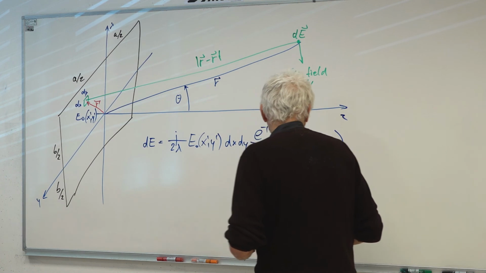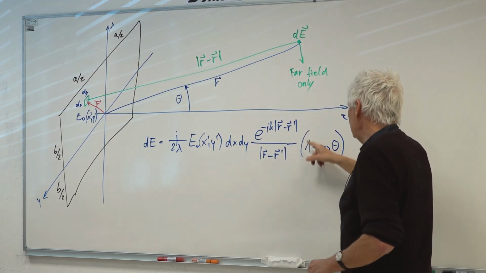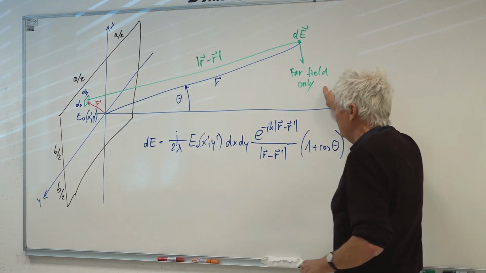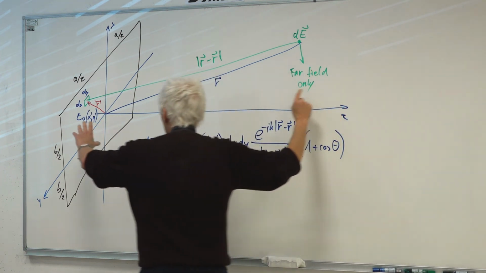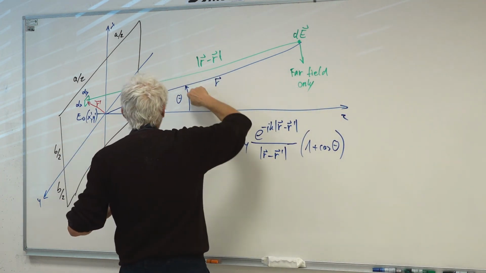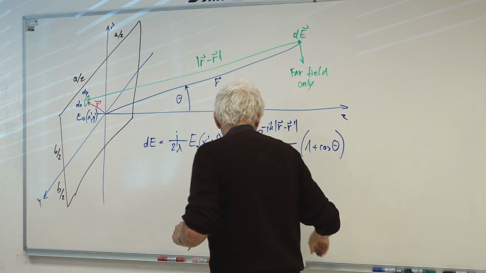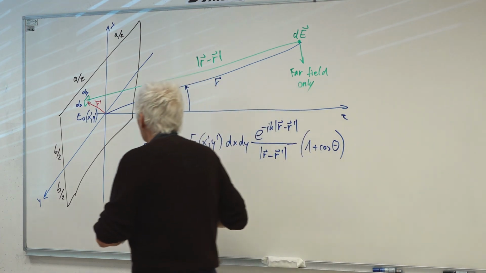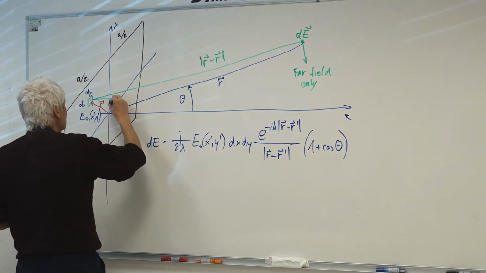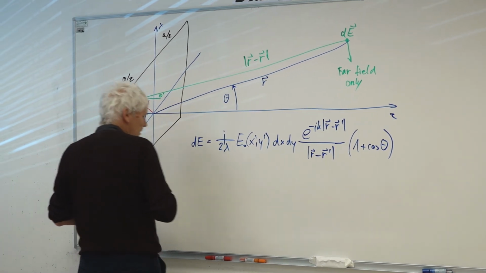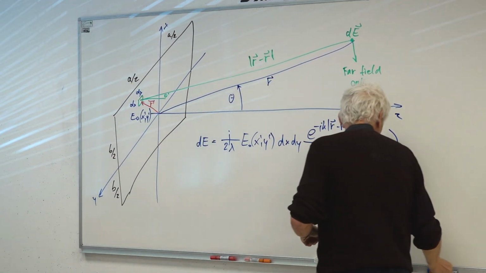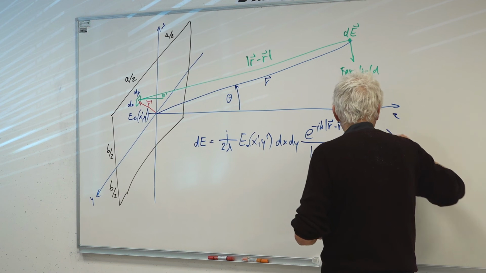But this change is insignificant in the far field, because in the far field, the radiating aperture looks very small, and all the possible thetas are very, very small. So I should really draw the normal here, and I should draw theta prime here. And to be accurate, I should use theta here.